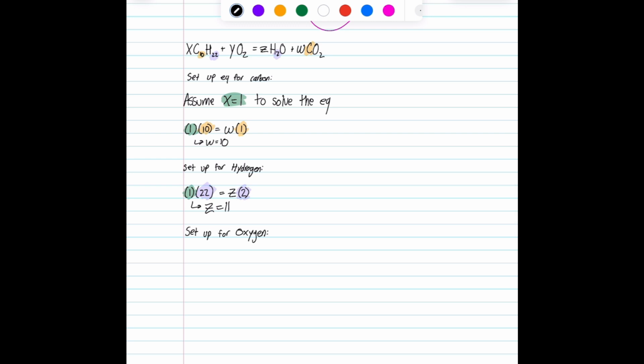Now we can set up an equilibrium equation for oxygen. We have Y associated with 2 oxygens on the left, Z associated with only 1 oxygen, plus W associated with 2 oxygens. And we know Z and we know W, so we can solve for Y. And Y is going to be 15.5.